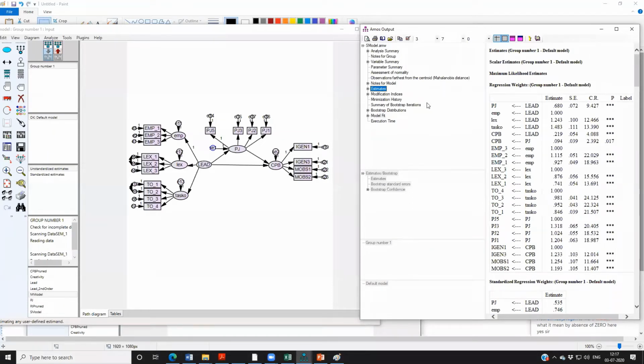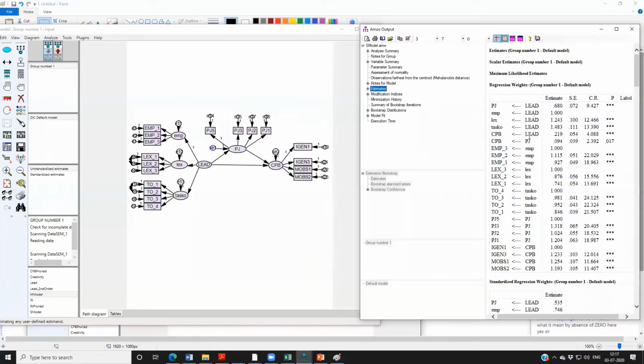Now go to the estimates, and we are seeing the path from lead to PJ. This is the unstandardized regression weight, 0.68. So the beta is unstandardized and it is significant.